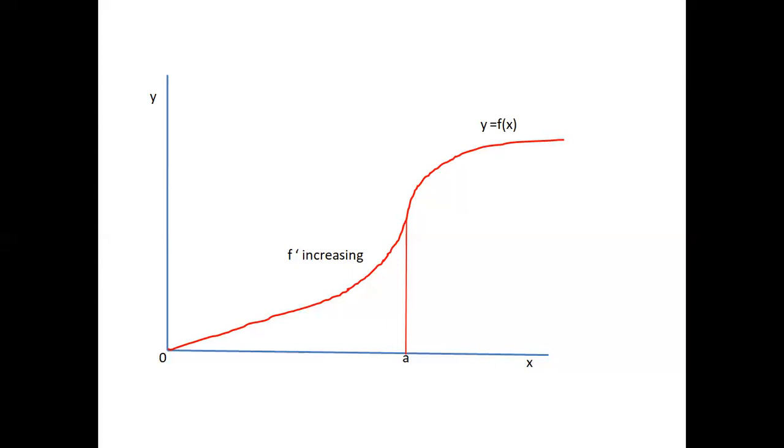However, the graph has two shapes. First, from 0 to a amount of labor employed, and beyond a, that is greater than a amount of labor employed, the curve has changed. At the point a, the curve has changed its curvature. That's why this point is called the point of inflection.